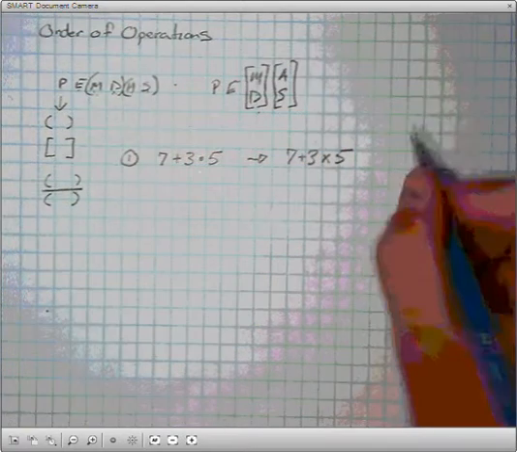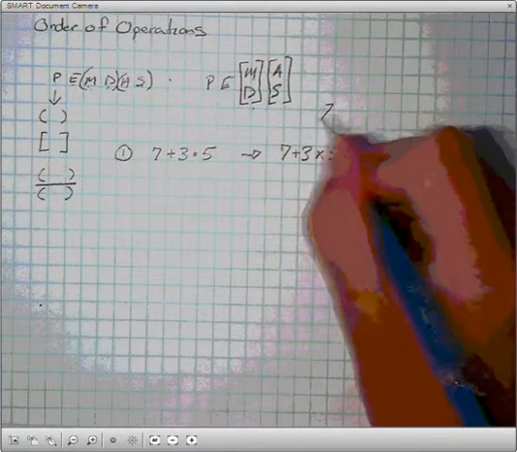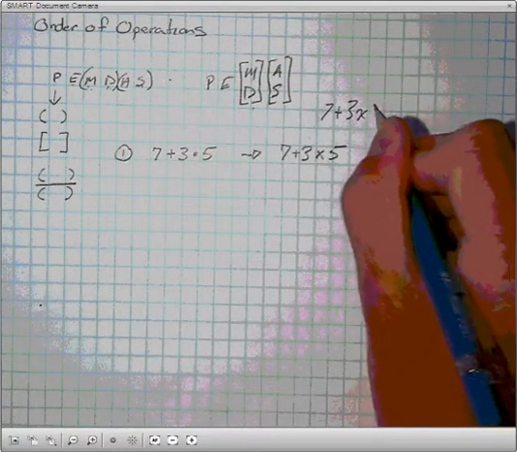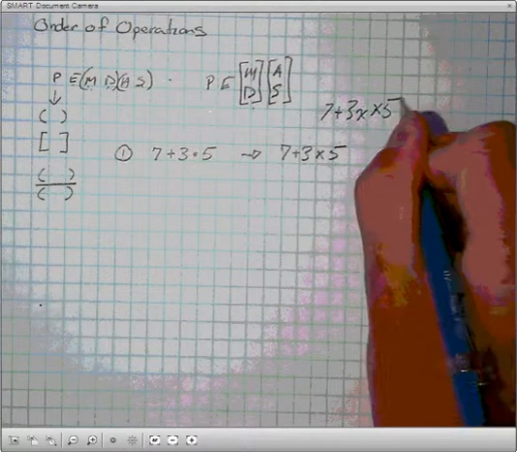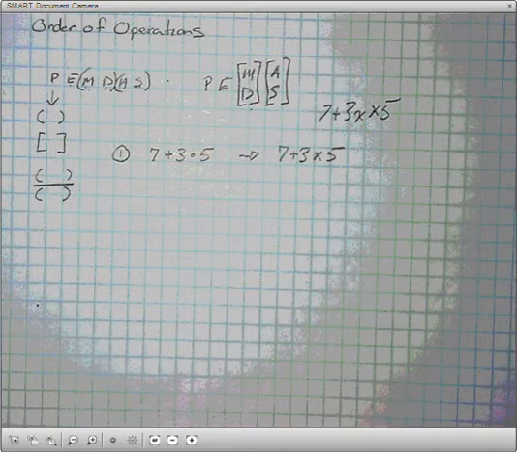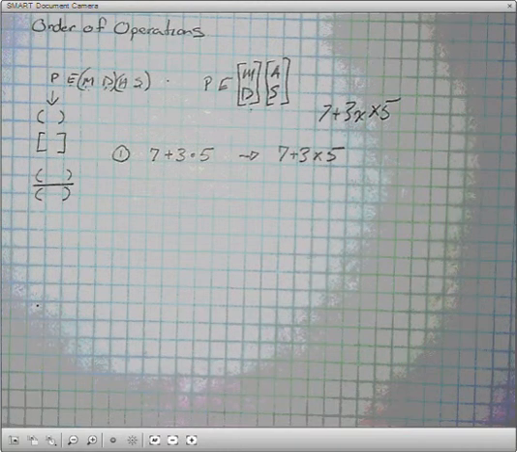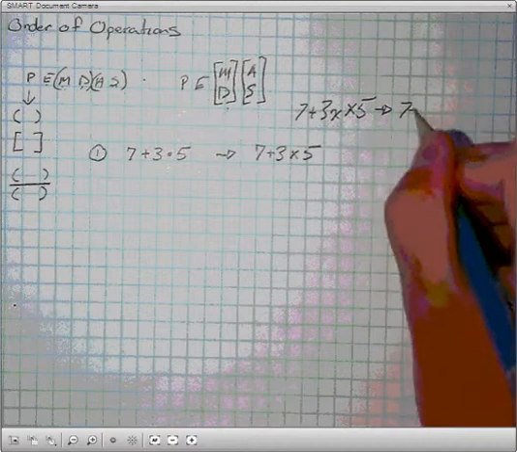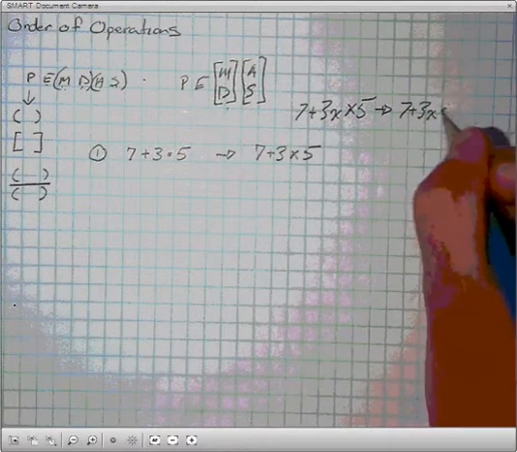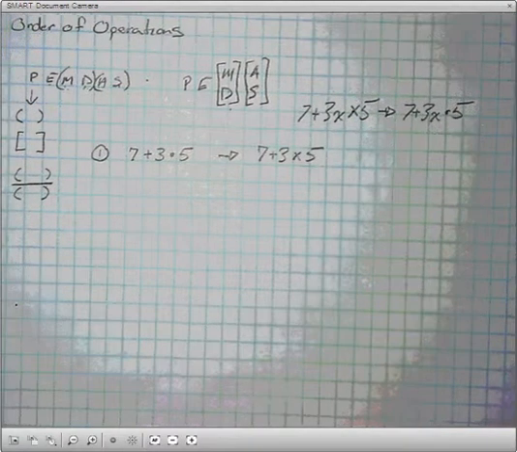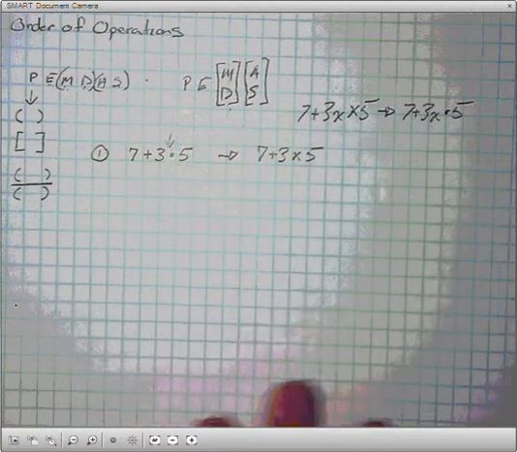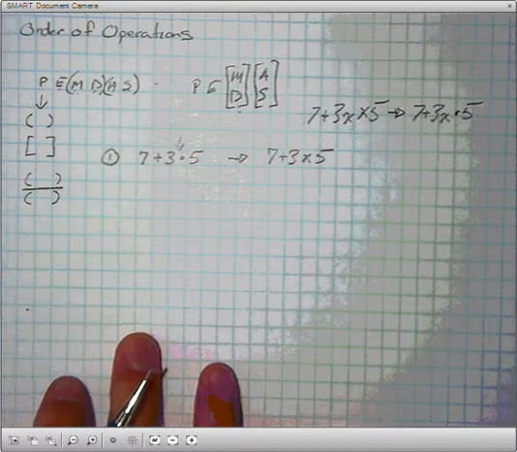But if I had 7 plus 3x times 5, now it starts to look a little bit messy and weird. If I wrote that with a dot, 7 plus 3x times 5, it's a lot more clear. So that's why I use the dot as my multiplication sign. Don't let that confuse you.